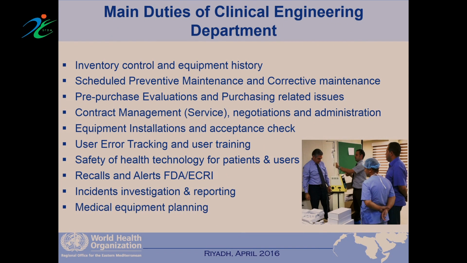You look first at the high-risk equipment, and once you have this fully covered, then you go to the medium-risk equipment, and so forth. Then you put in place planned preventive maintenance, and then you look at the issues of procurement, and then definitely you look at issues of preventive maintenance and management of contracts and services.